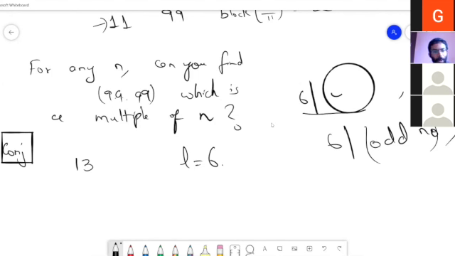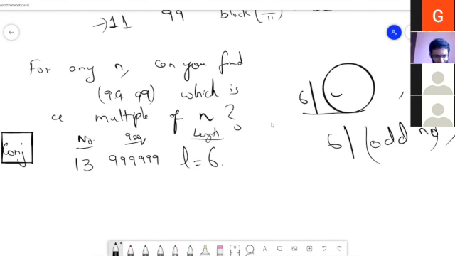And there is no shorter sequence of 9s before that. So this is the smallest sequence of 9s. Okay, so Bhagesh's conjecture is that the number of prime factors of this would be the length of this.